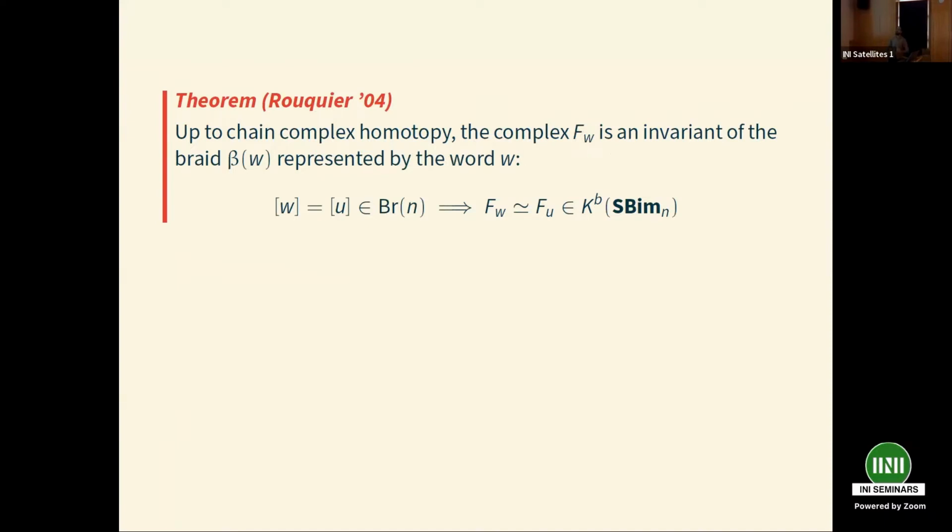Rouquier proves that this complex doesn't really depend on the braid word, it only depends on the actual braid. So if two words are equivalent by braid relations, then you get homotopy equivalent complexes of bimodules. And you might be wondering, okay, if this is an equivalence, how coherent can I make them?